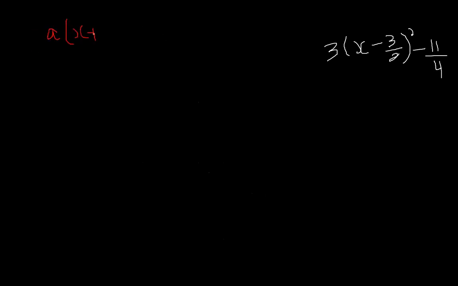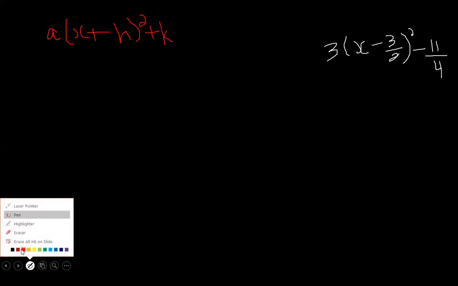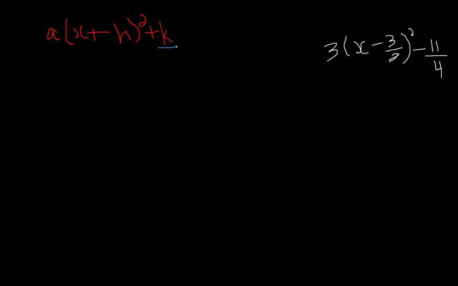So what you have to do to find the minimum value in this case, in a form a(x plus h) squared plus K, all you have to do is find K. So tell me, what's the minimum value in this case?